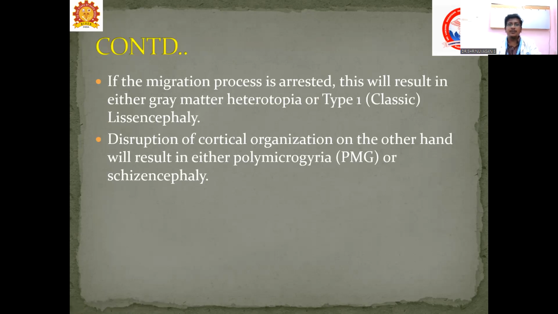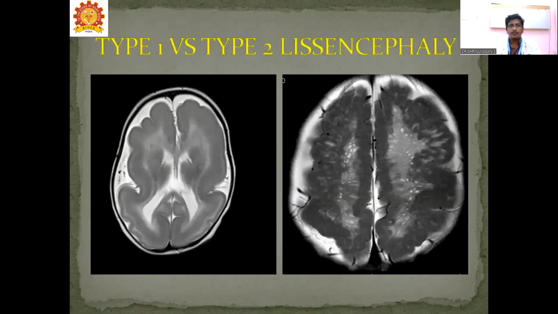Okay, then if the migration process is arrested, this will result in either gray matter heterotopia or classic Lissencephaly. Lissencephaly has the figure of 8 appearance, and if it is disruption of cortical organization, on the other hand, it will result in polymicrogyria or cyst-like cleft brain.